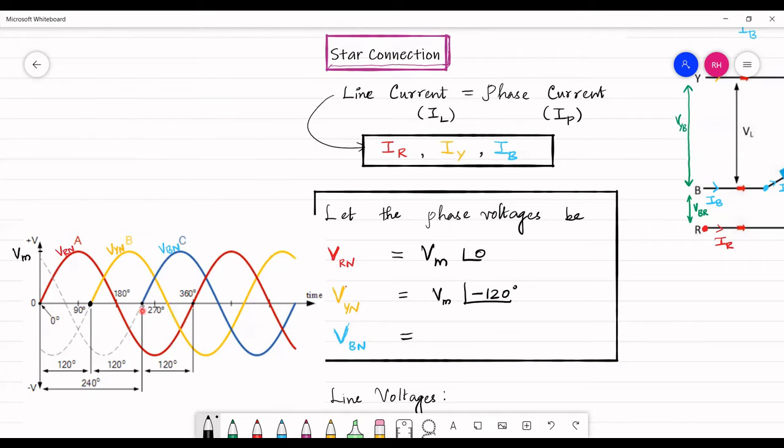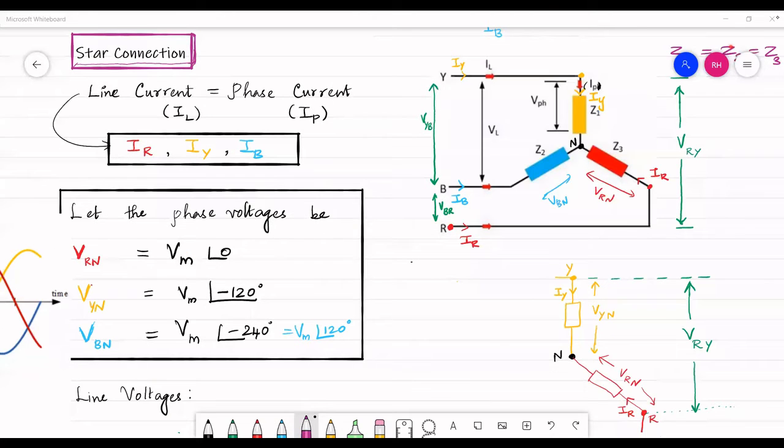And VBN starts after an angle of 240 degrees, and hence it is written as Vm angle minus 240. If we extend the graph, it could also be seen that VBN starts before VRN by 120 degrees, and hence VBN could also be written as Vm angle plus 120 degrees.